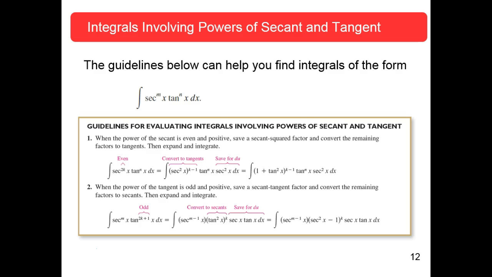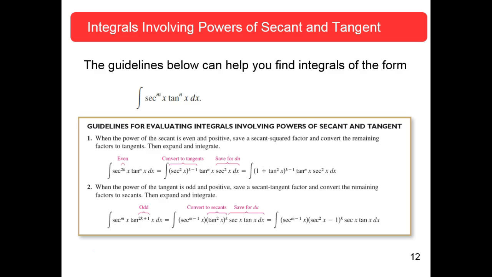Help me, somebody. I'm drowning. It's secant squared. The derivative of secant is rather strange. Secant times tangent. Okay. All right. So with those in mind, let's hit this. Guidelines for evaluating integrals involving powers of secant and tangent.